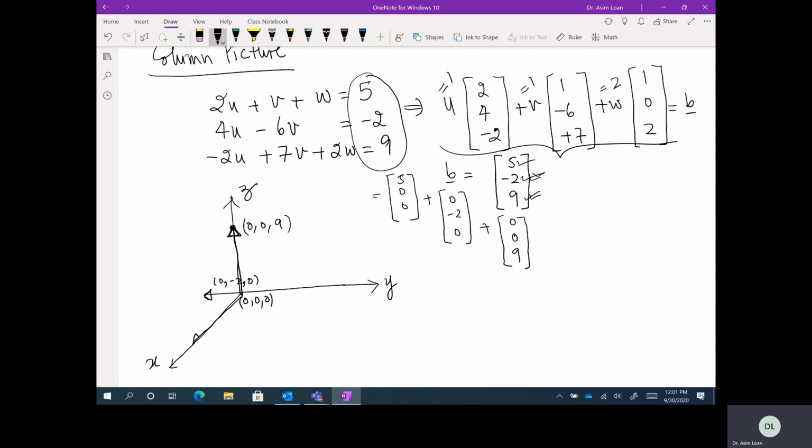So if I do a head-to-tail rule over here and add this (0, 0, 9) vector, this is my resultant vector, which is (5, -2, 9). Right?